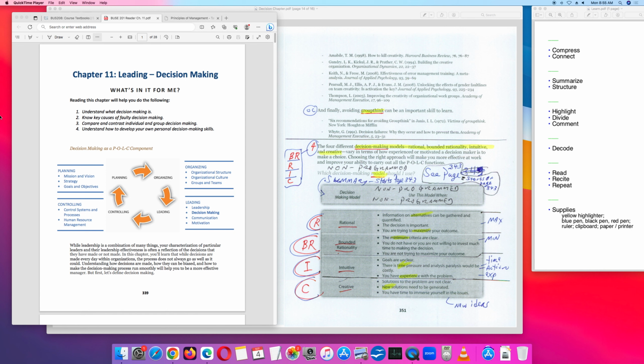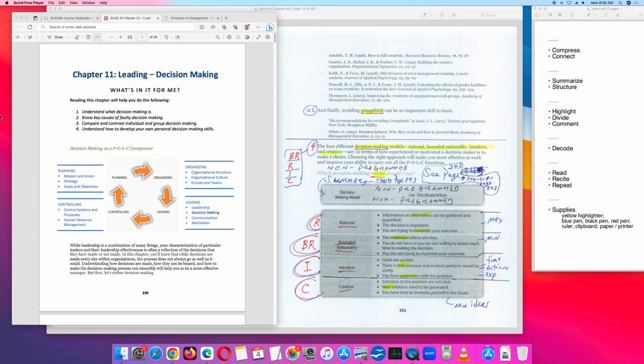In order for our brain to take in this information, we have to decode it, translate and transform it into a way that our brain likes to take in information. That goes back to the top two rules: compress and connect. If we summarize and structure our reading, then we are transforming that information so that it is more easily inputted into our brain.